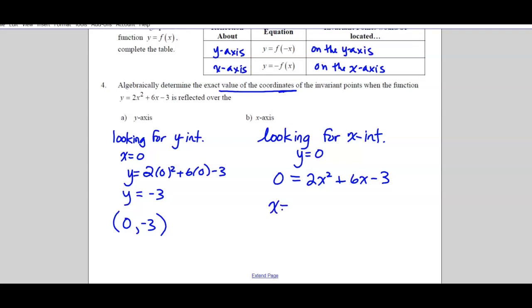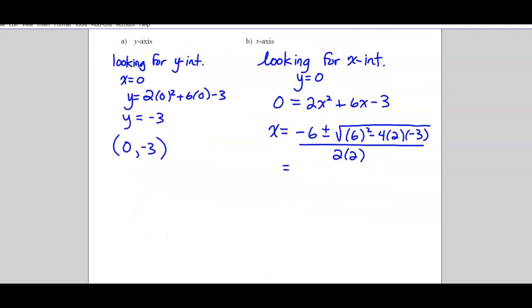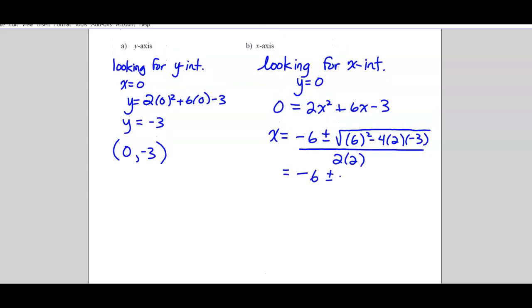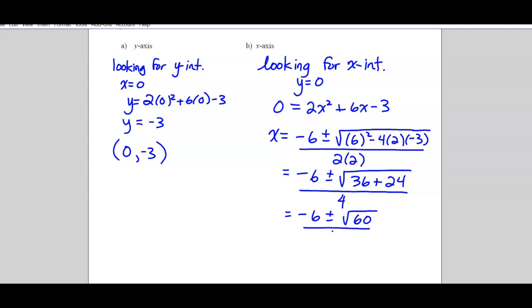It looks like you can factor, but you can't. And then simplify. Give it a few minutes to do that.